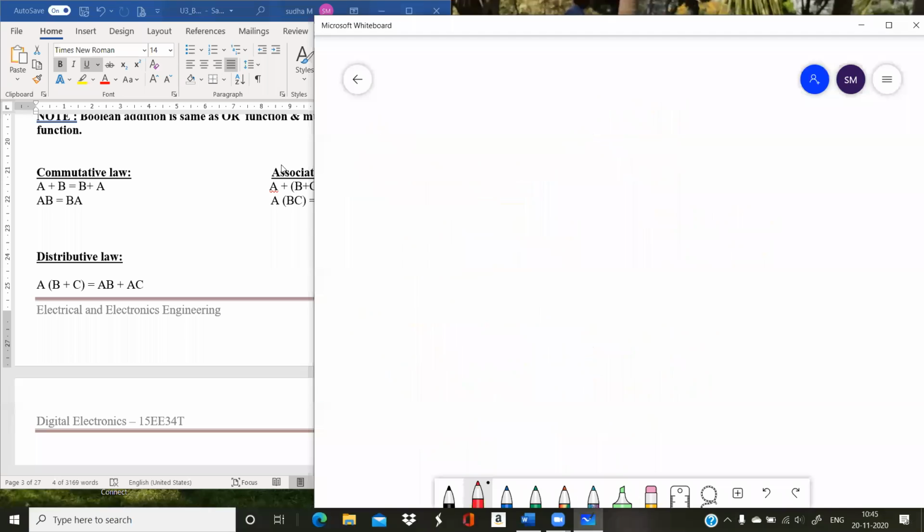This can be written similarly for the multiplication also. Associative law for multiplication, how to write? A into (B C) is also equal to (AB) into C, okay?